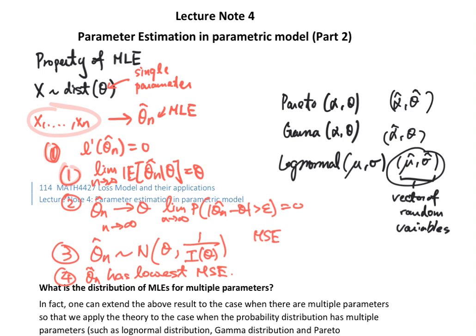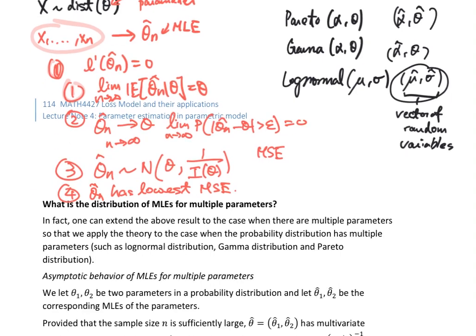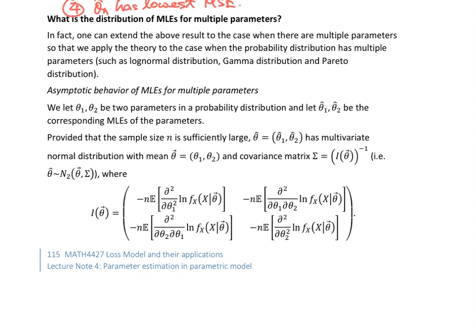So we would like to see, if you have multiple parameters, what will be the distribution of this guy. Actually, we can try to show that if you have a distribution with 2 parameters, say theta 1 and theta 2, and we let theta 1 hat and theta 2 hat be the corresponding MLE, then when n is sufficiently large, this theta hat will have what we call the multivariate normal distribution with the mean equal to the true value.